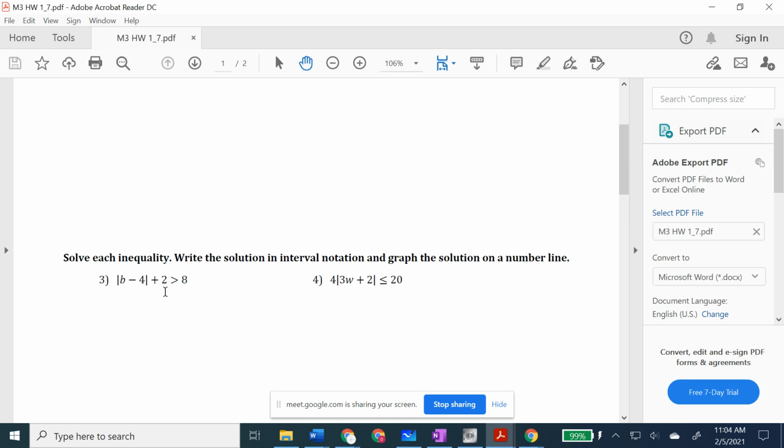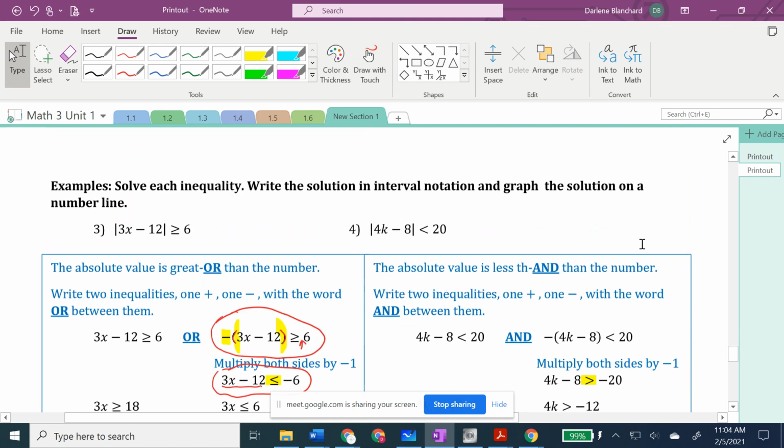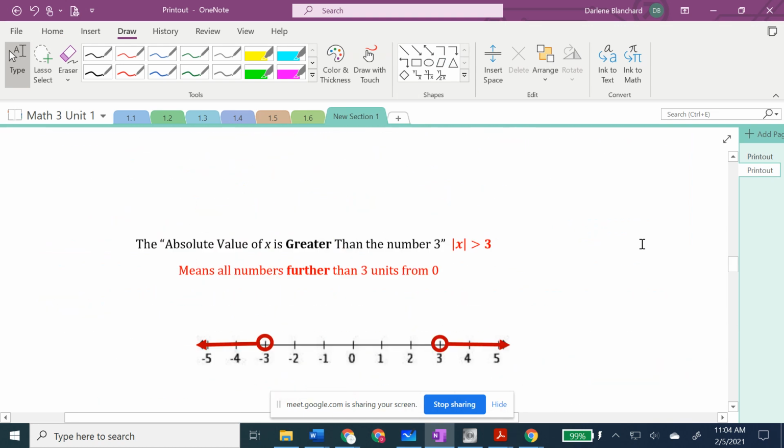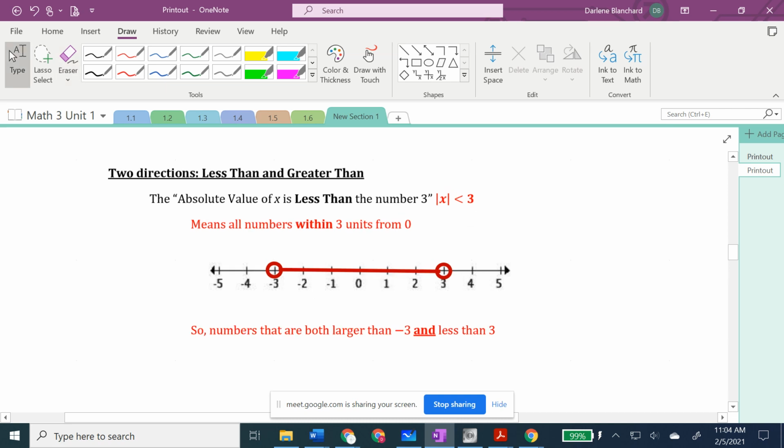So right here, when you subtract the 2, you're going to see absolute value greater than, so it's an or. Here, the absolute value is less than, so it's the and. To really understand that difference between the two, look at these examples that I have right here.